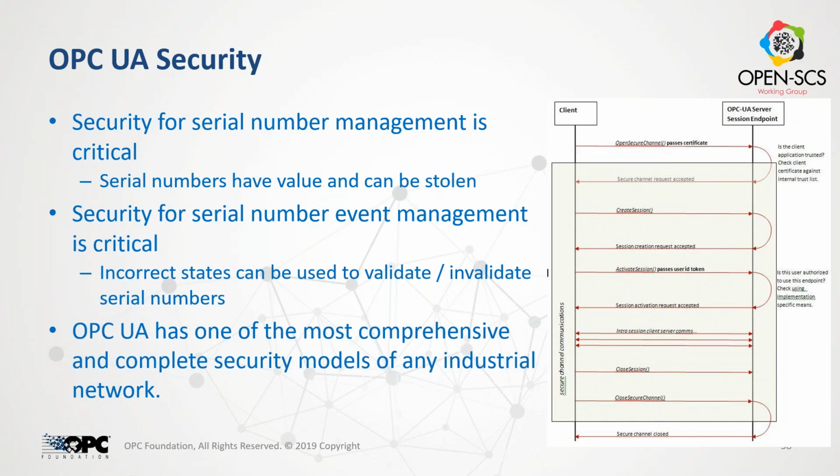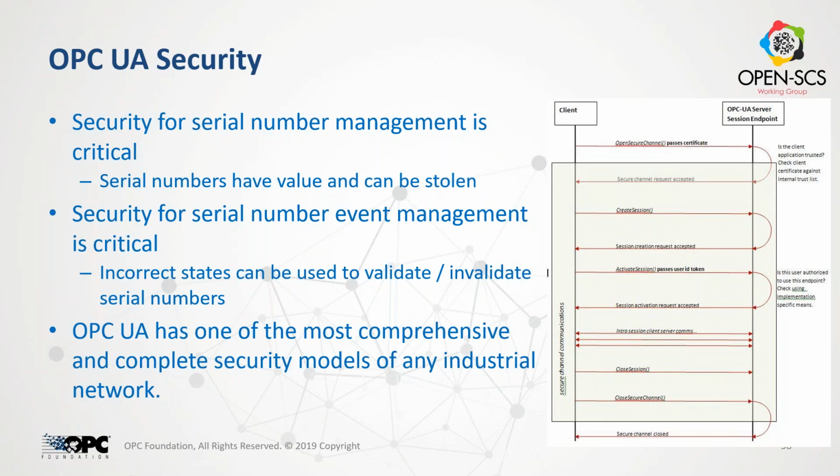And part of this is the event management is critical, but part of it is the fact that in order for two different systems, a client and a server, to talk together, they have to go through several levels of security. And it has one of the most comprehensive and complete security models of any industrial network.